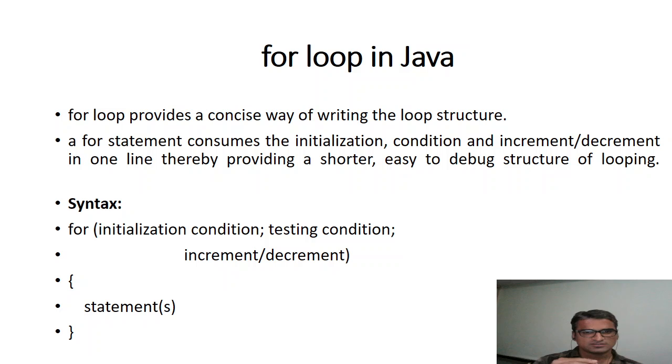For example, with the for loop variable i, i++ means 0 to 1, 1 to 2, 2 to 3. That is how we increment. In case of decrement, starting from 4, it becomes 3, 2, 1, 0. So those are the three very important parts of a for loop: initialization, testing condition and increment or decrement.